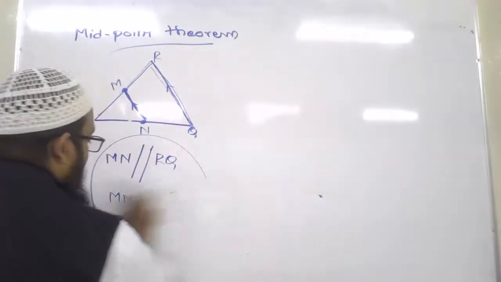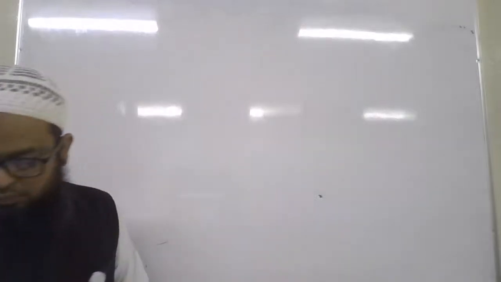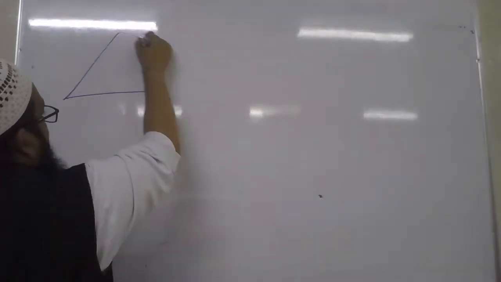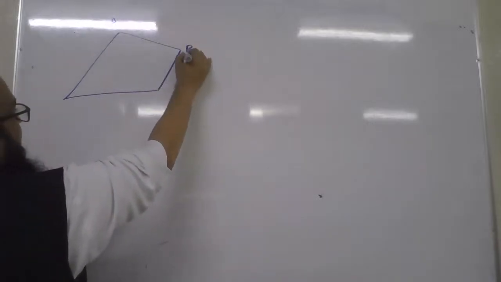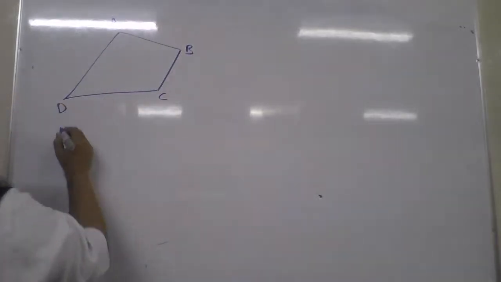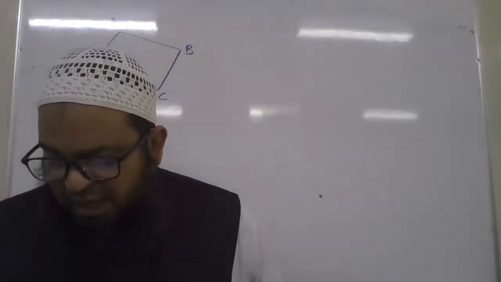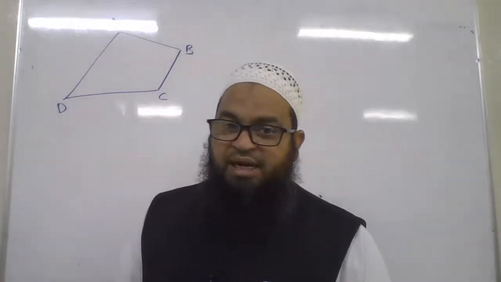See, let me write. So what does that question state? ABCD is a quadrilateral. So let me draw one quadrilateral. So this is A, B, C, and D. Then what does it say? P, Q, R, S are midpoints of sides AB, BC, CD and DA.